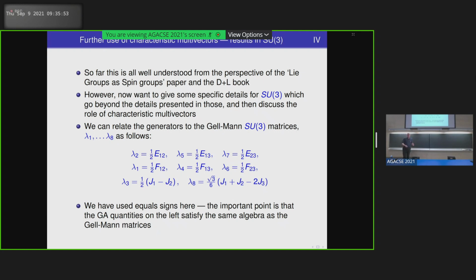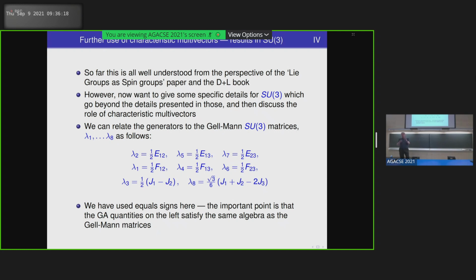The things on the left are still geometric algebra quantities, but the important point is that if you took their commutators, they satisfy the same algebra as the normal SU3 generators, the lambdas, which would be the matrices.